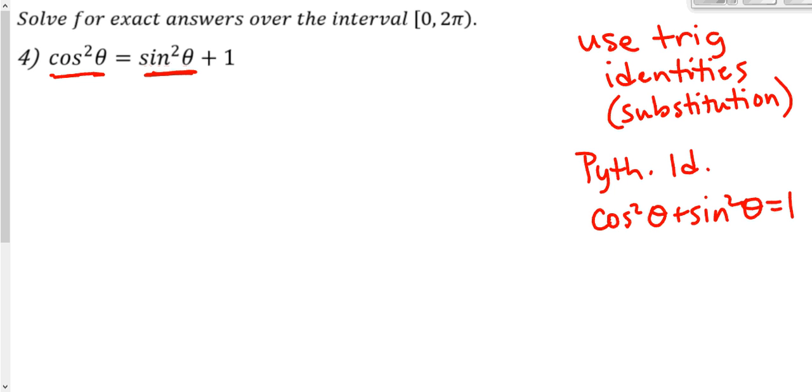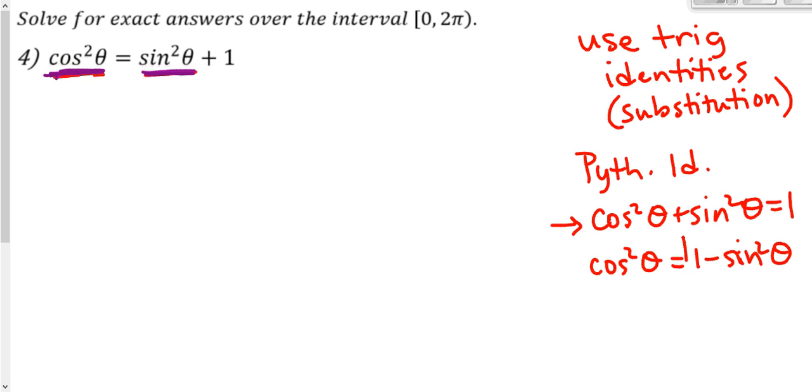So here's what we want to do. We want to either replace cosine squared theta with something else that involves sine squared theta, or we want to replace sine squared theta with something else that involves cosine squared theta. It doesn't matter which one you do, just do one and it will work. So what if I take my identity and I isolate cosine squared theta? Cosine squared theta equals 1 minus sine squared theta.